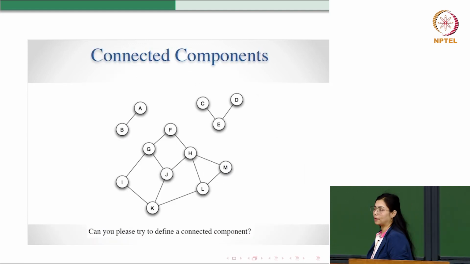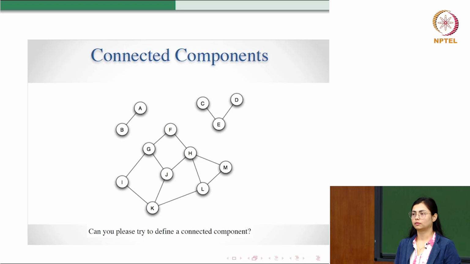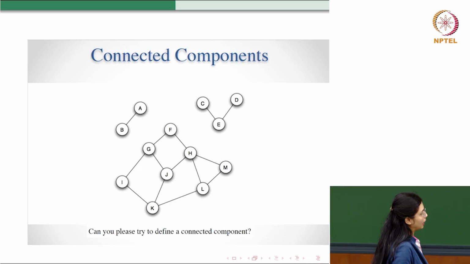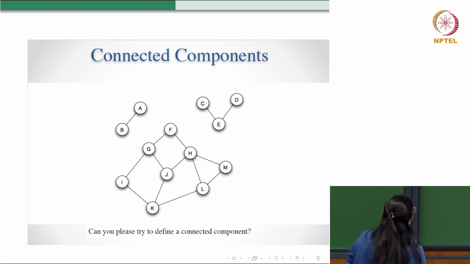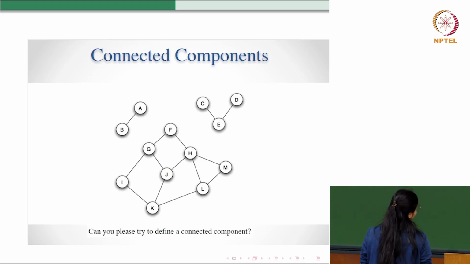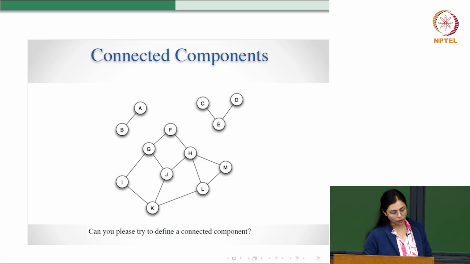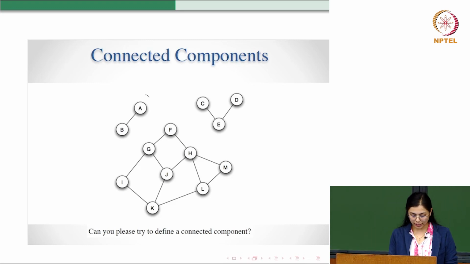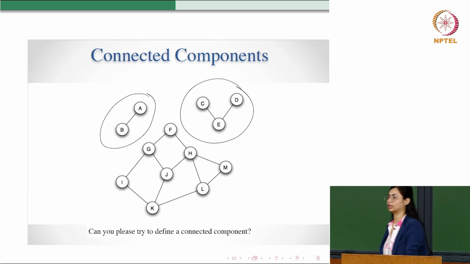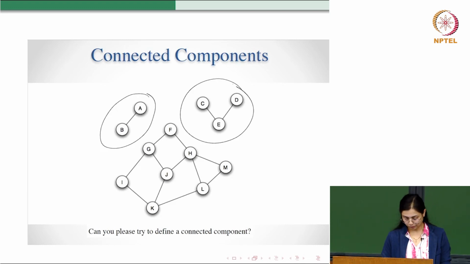And component means we have some subgraph that is maximally connected. For this example, this is one subgraph and this is another, which are totally disconnected from each other.